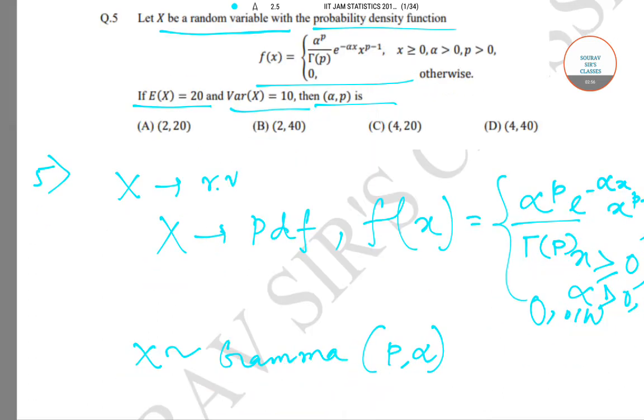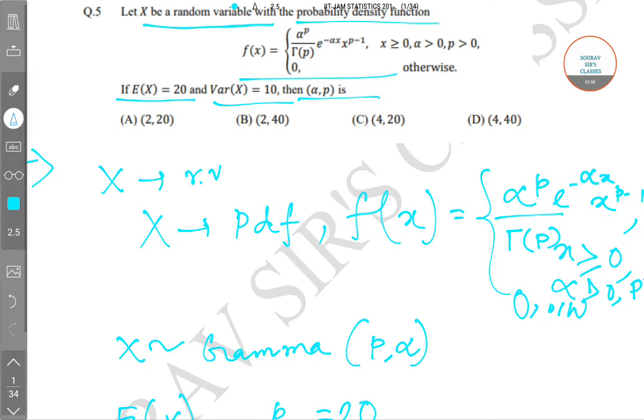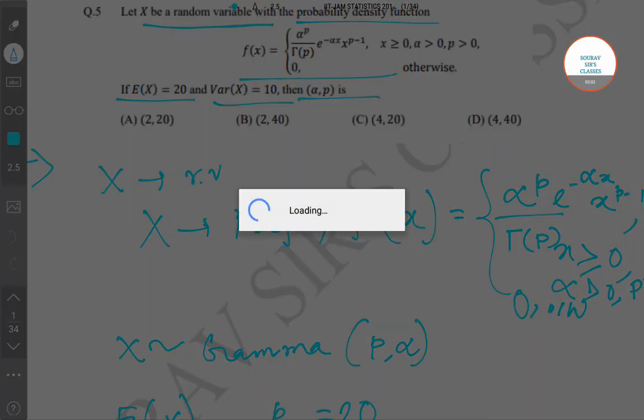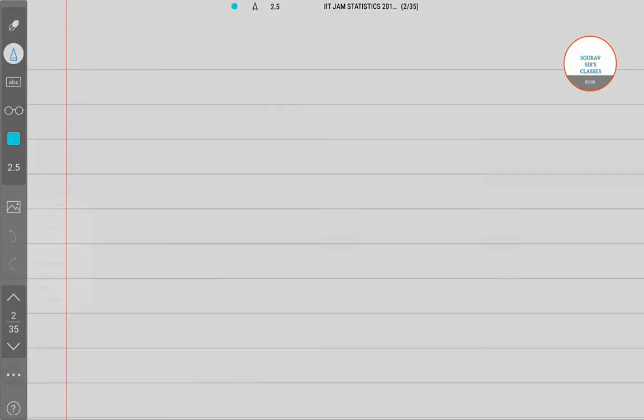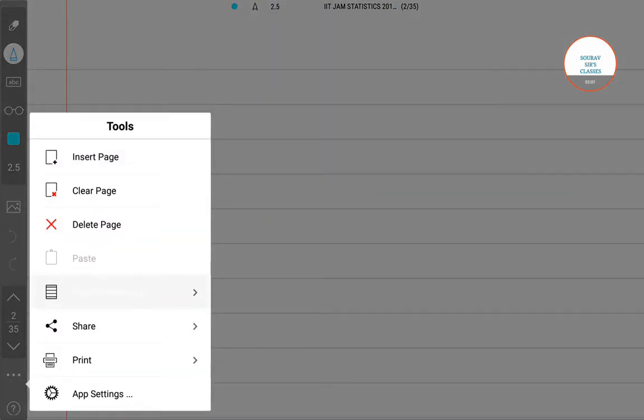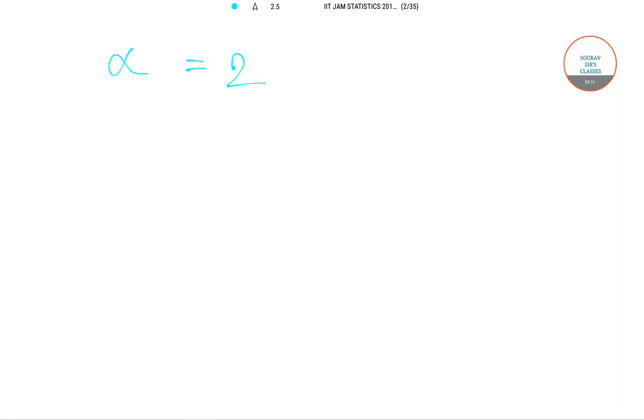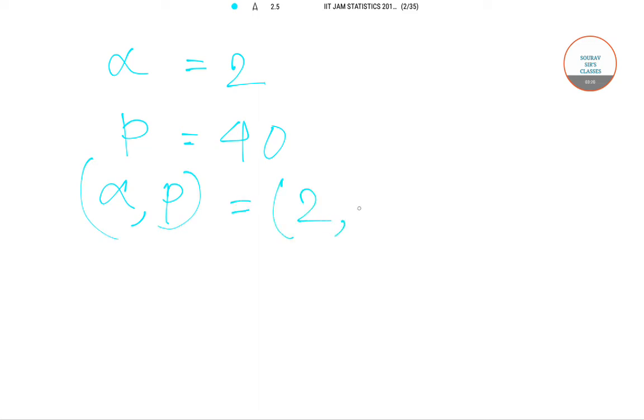So we can conclude that the value of alpha is equal to 2 and the value of p is equal to 40. So alpha and p is equal to 2 and 40. Our option is option number B. So B is the correct option.